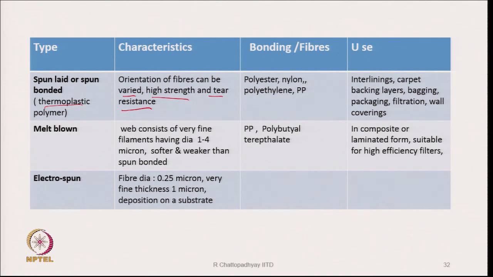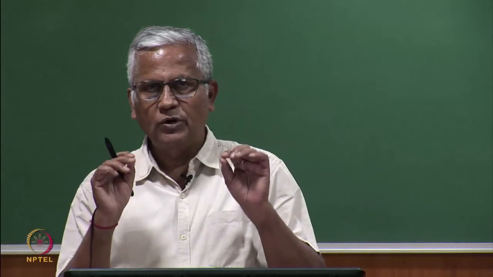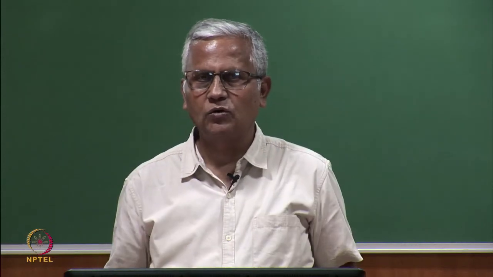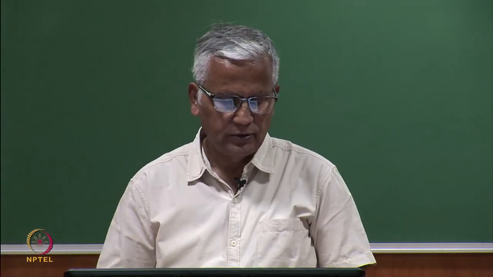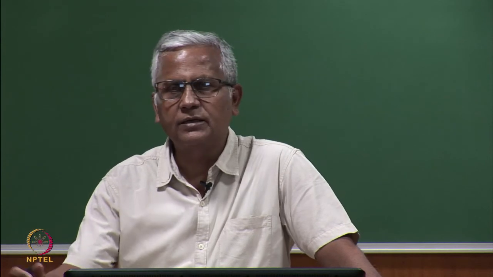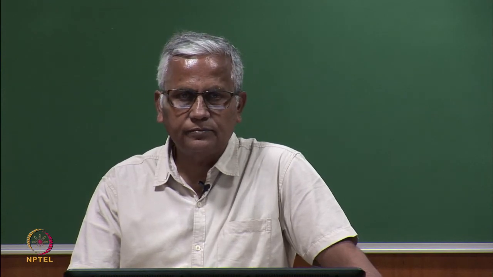Melt blown: the web consists of very fine filaments having a diameter of 1 to 4 micron. So, if we want very low GSM non-wovens, very thin non-wovens, melt blown is the way. Sometimes we need a GSM of just 50, 40, 30 GSM, but we have to make it from very fine fibers. So, melt blown non-woven is the answer for that.